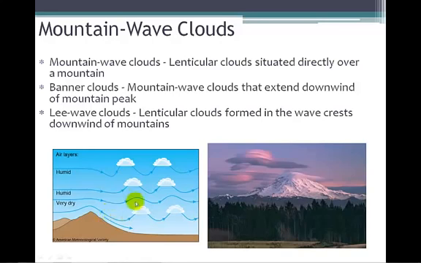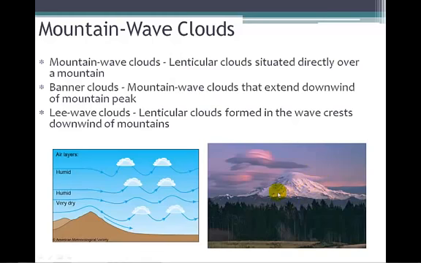So these types of clouds that form at the ridges of these ripples in the airflow downwind of a mountain are called mountain wave clouds. So these are lenticular clouds. You'll hear that term for like a lentil, the little bean. It's lens shaped, and they sit right over a mountain.